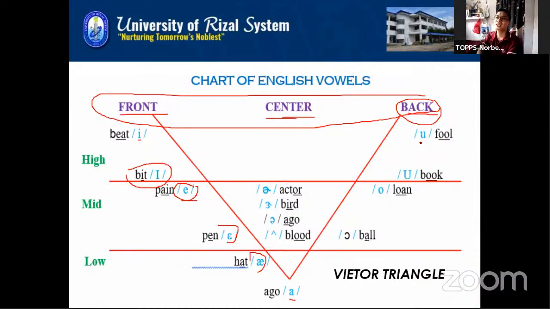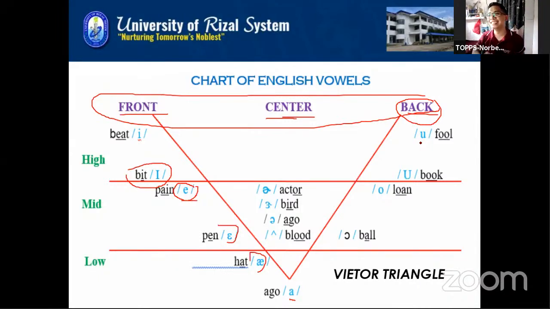Your tongue moves back a little. That indicates that the tongue is moving backward. Let's say this is your tongue and this is the dome, the curved shape of your tongue inside your mouth. When you pronounce oo, it goes like this a little.